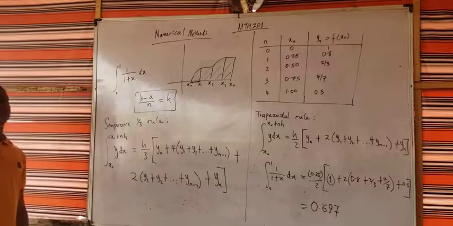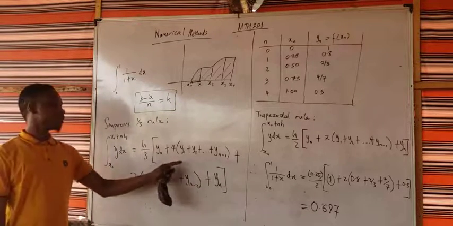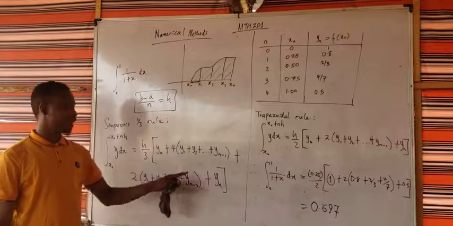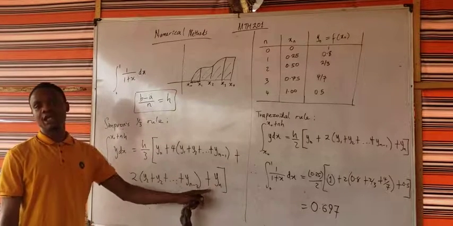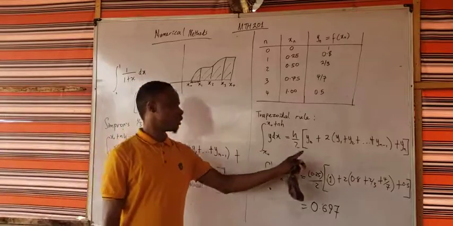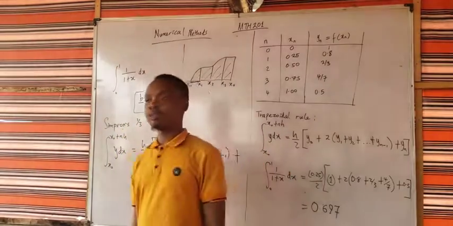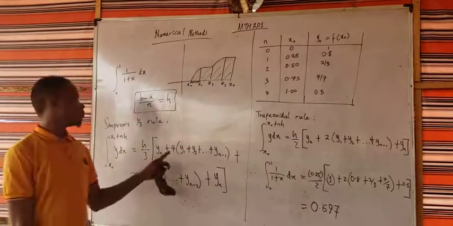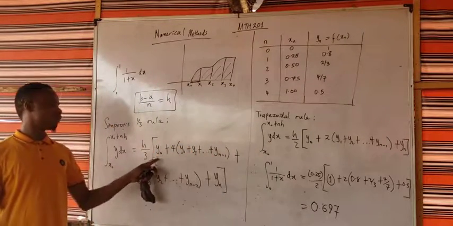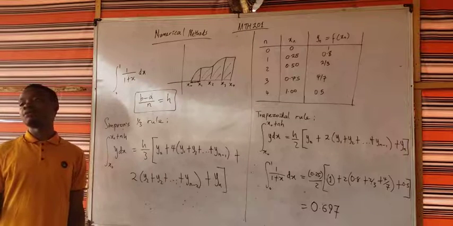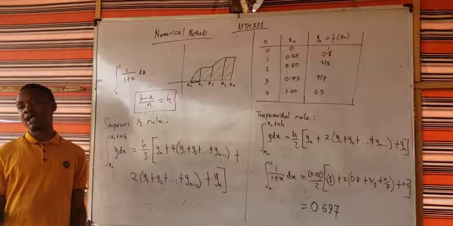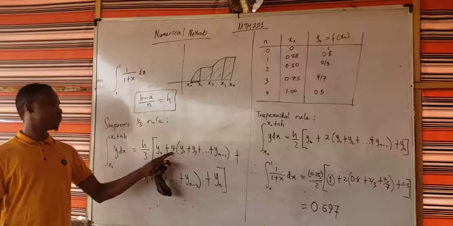So the idea here is that they are going to exclude the first and the last. They are going to be outside, separated from the others. But now, for these values between y0 and yn, those that have odd subscripts, you are going to multiply them by 4.